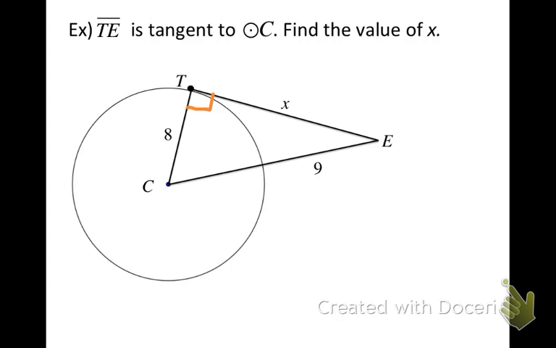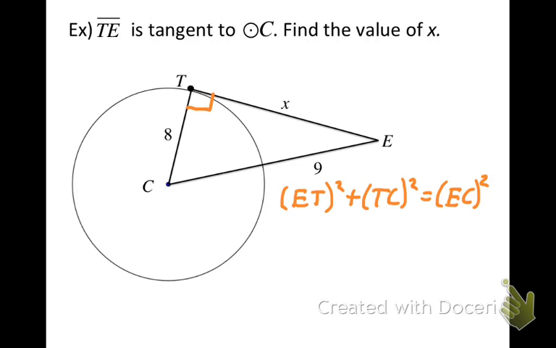You could see where, with the Pythagorean theorem, I could say that ET squared, or TE squared, whichever way you want to go with that, plus TC squared is equal to EC squared. Hope you can see, since the right angle would be there between the tangent and the radius, that this would be the hypotenuse of that right triangle.